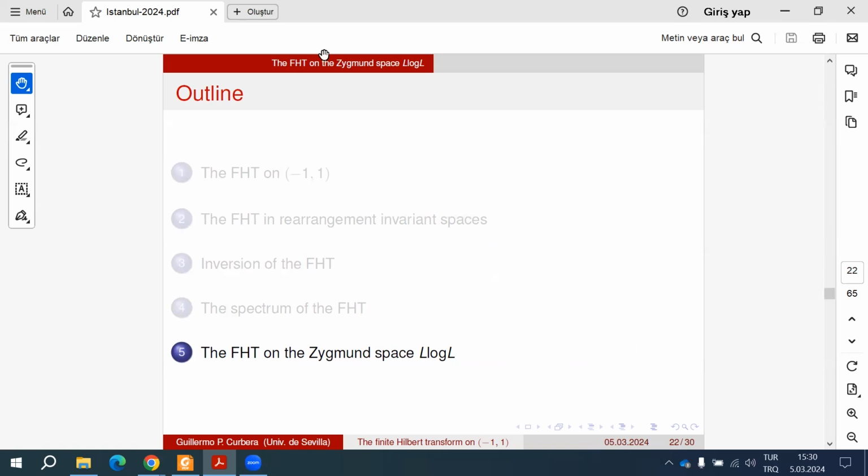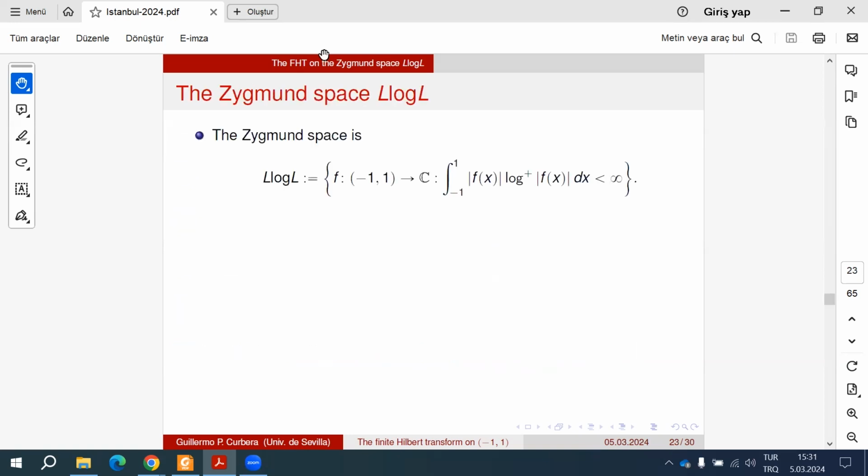And let me just finish with the Zygmund space. What is this? Well, we classify integrable functions by how they grow. An important space is the one in which we require a function to be integrable, but also integrable when we multiply by the positive part of the log of the function.